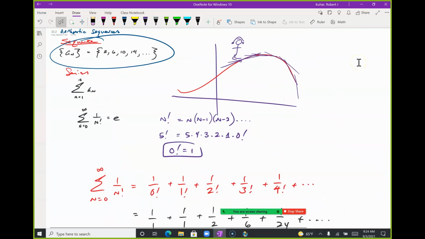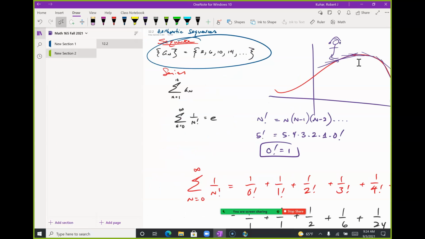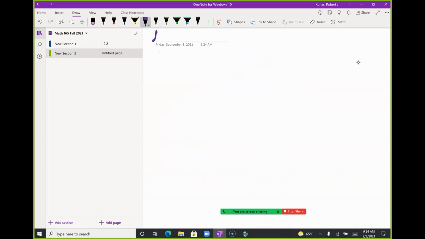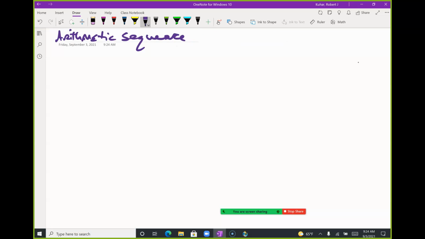So let's get back to the boring stuff, our arithmetic sequence. There's so many cool things in math, we just don't have time to show you all the cool stuff.